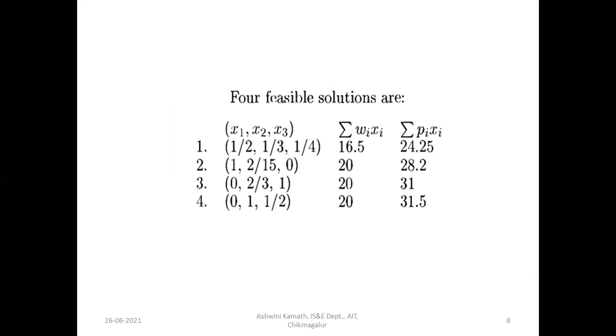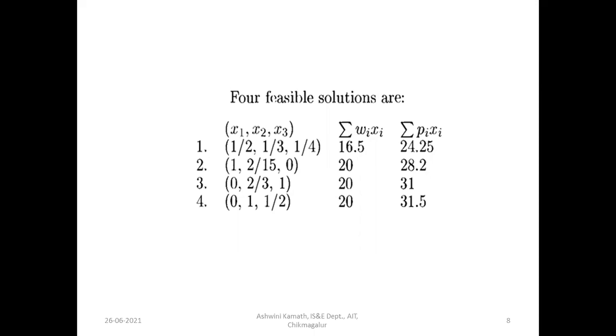With least weight item first, we are getting 31. And the last method, profit by weight ratio: we select the one having the highest ratio every time. That gives us 31.5 for this problem.